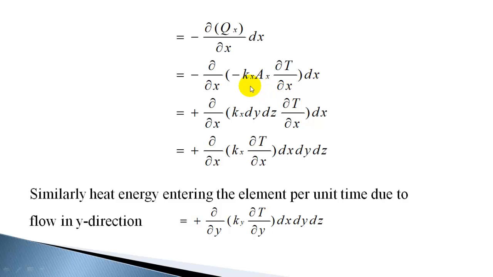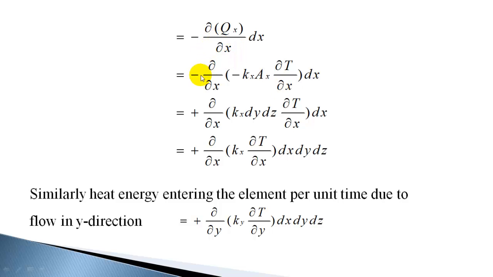So it is a three-dimensional heat conduction equation. So the heat conducted at the left end is minus kx ax del t by del x. Kx is the thermal conductivity in x direction, ax is the area normal to the x direction, and del t by del x is the temperature gradient in the x direction.